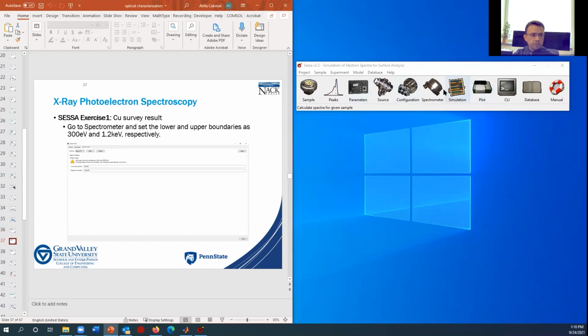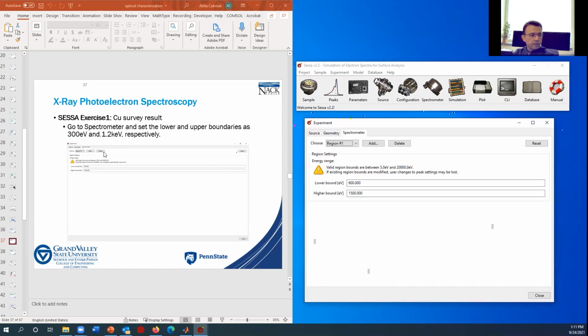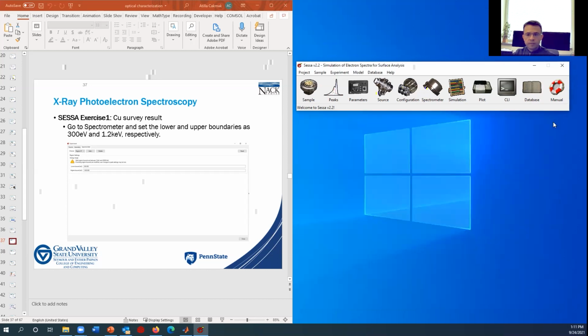Now, if you go to the spectrometer here on the other side, we can set the boundaries, say from 300 electron volts to 1.2 kilo electron volts. This is going to be extracting those photoelectrons with certain energy. Let's keep it like that for this case, from 600 electron volts to 1.5 kilo electron volts, as you can see.